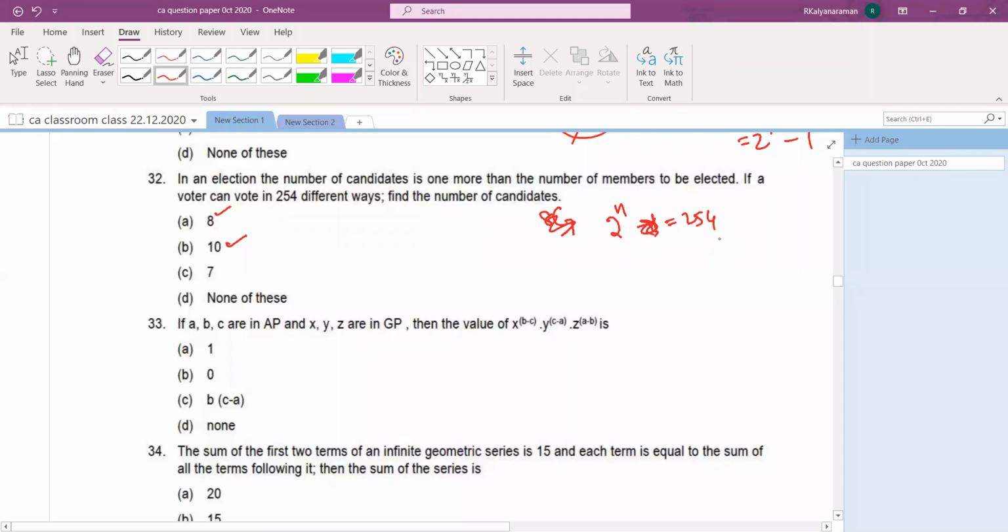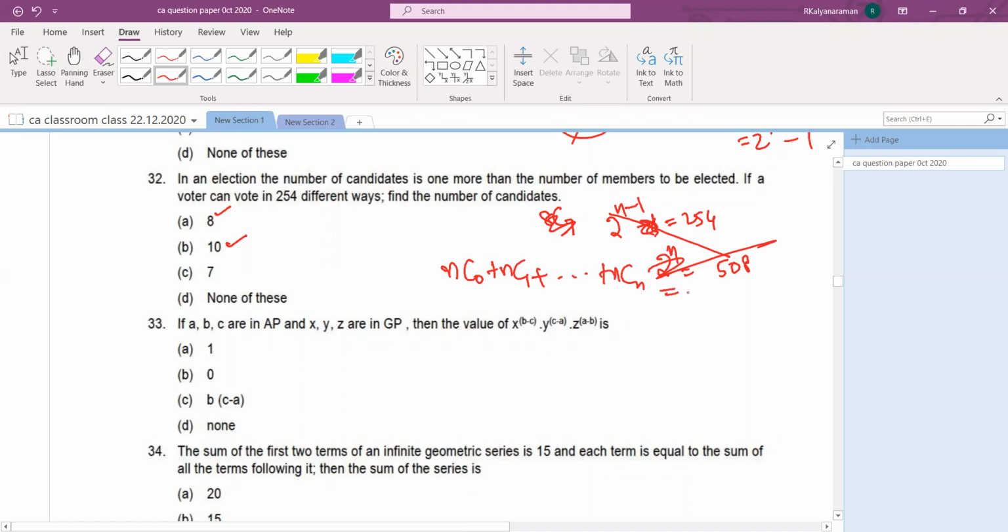In an election, the number of candidates is... okay, 2 power n minus 1 is 254. If I do that, 2 power n is... the concept is NC0 plus NC1 plus etc. plus NCN.